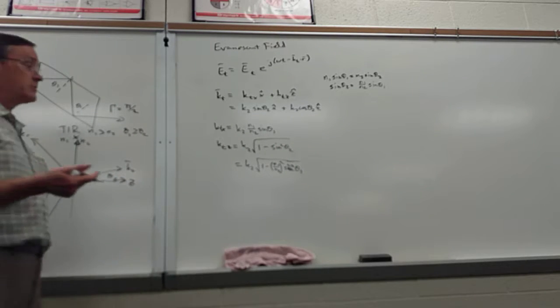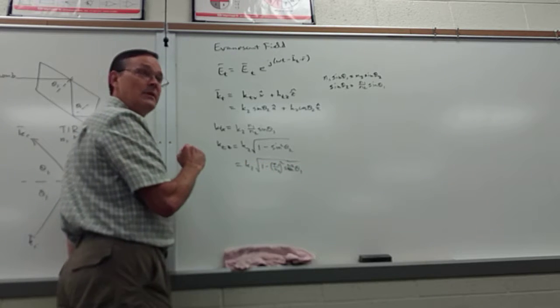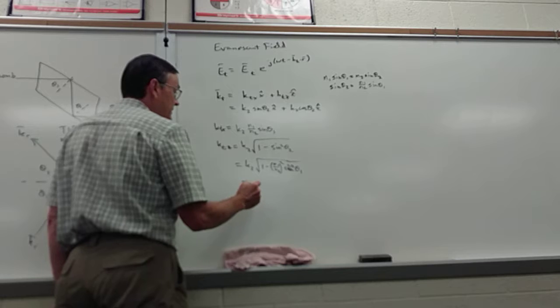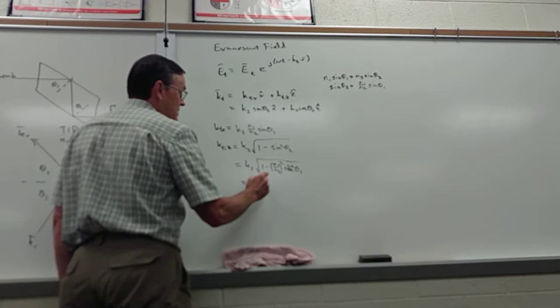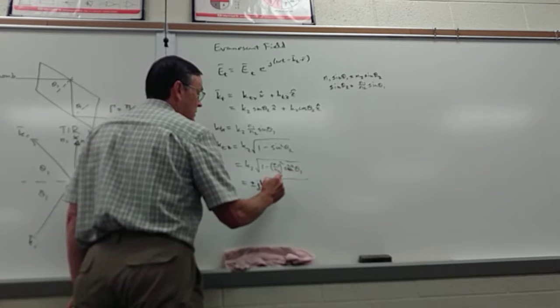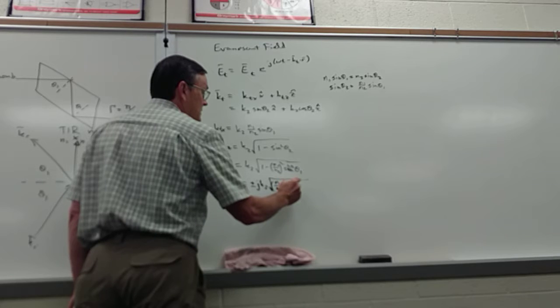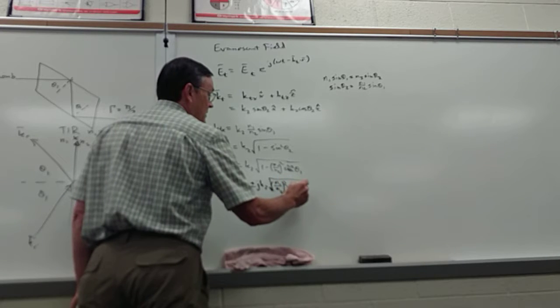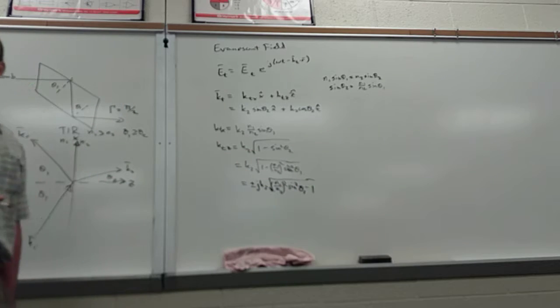And then in total internal reflection, this term is bigger than 1, right? So I can acknowledge that fact, pull the square root of minus 1 out, so I have plus or minus j k2 times the square root of (n1 over n2) quantity squared, sine squared theta 1 minus 1. And now under the square root, that's positive, so everything's fine. Are we following?